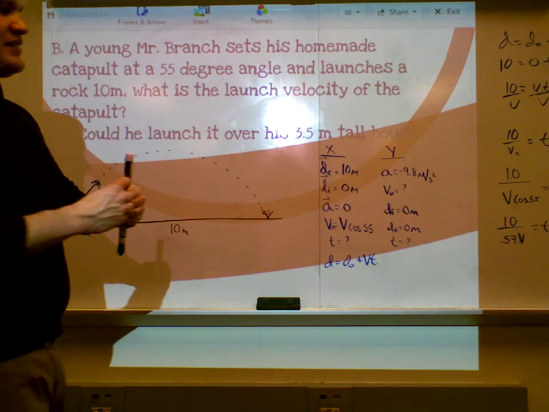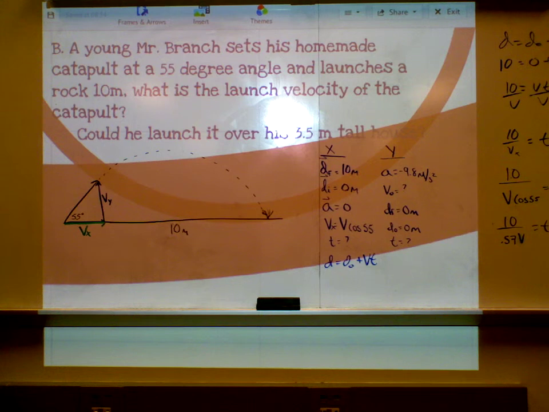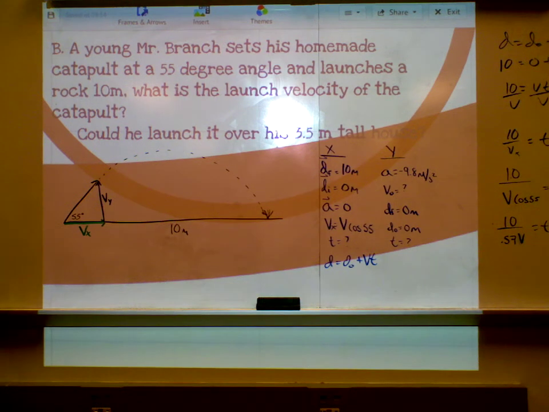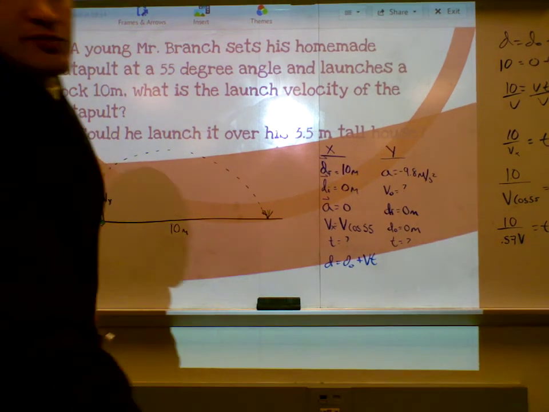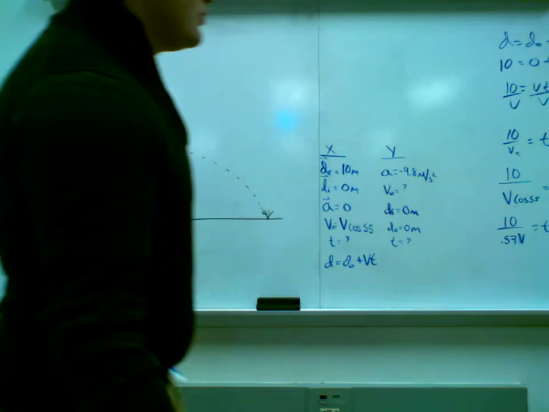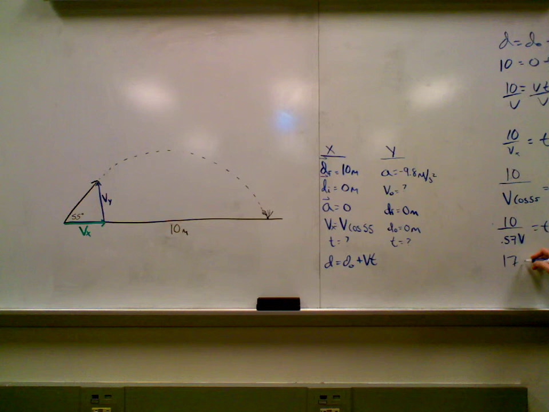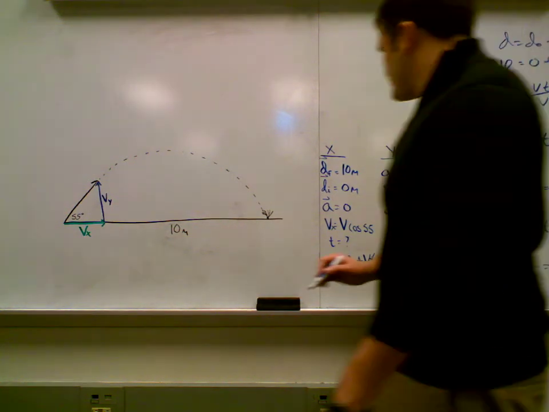Can I simplify 10 over 0.57? What does that equal? 17.5. So 17.5 over v equals t.